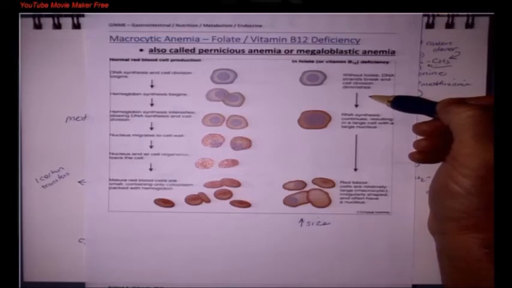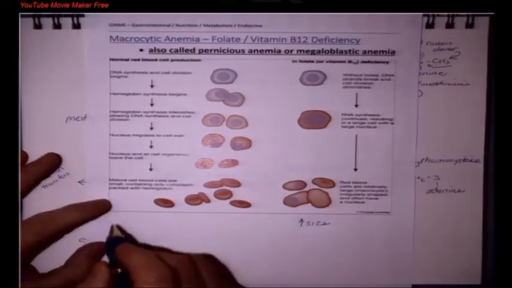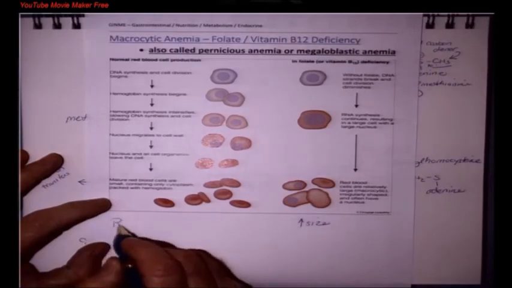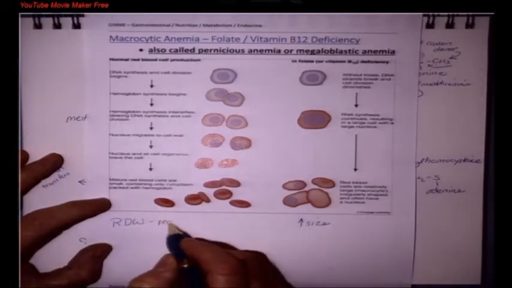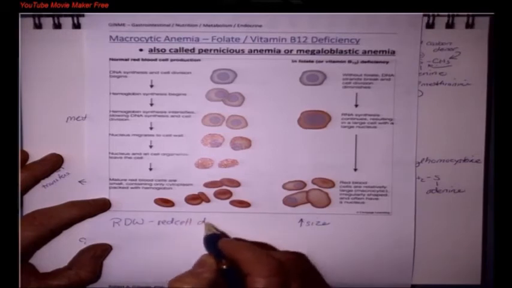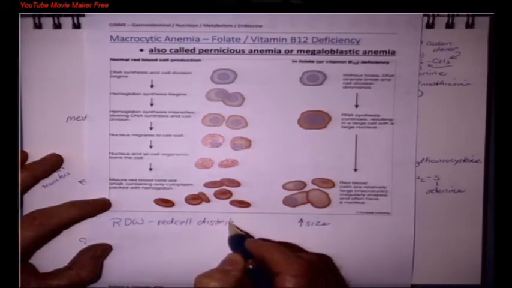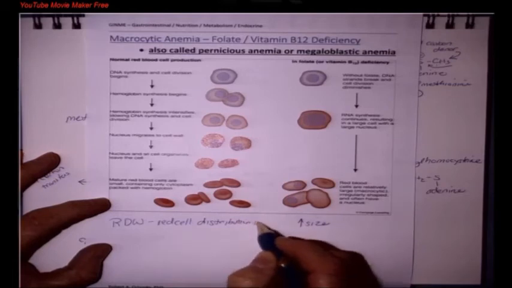So what's this going to show up like on a blood test? There's two values. One is called the RDW, for red cell distribution width.